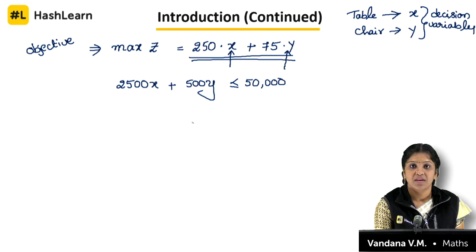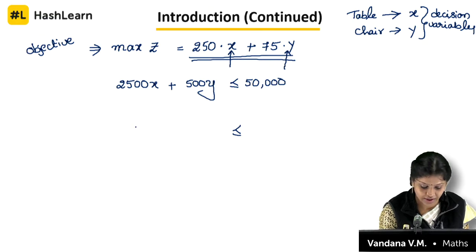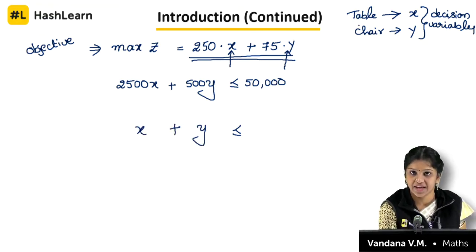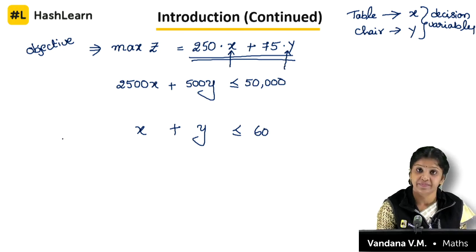And one more thing, the storage capacity maximum is 60. What is stored? The tables and the chairs. I took the tables as x and the chairs as y. The storage capacity must be less than or equal to 60.